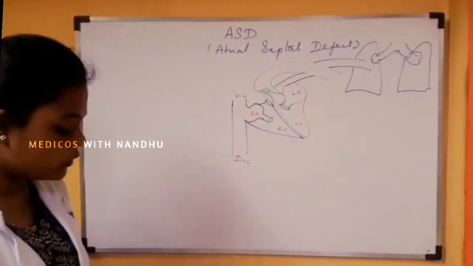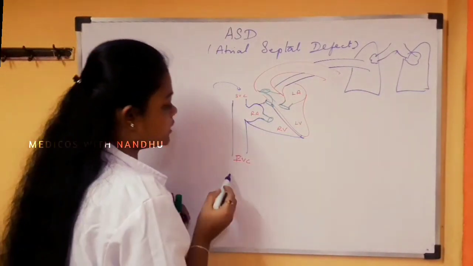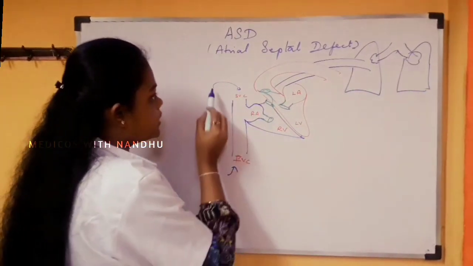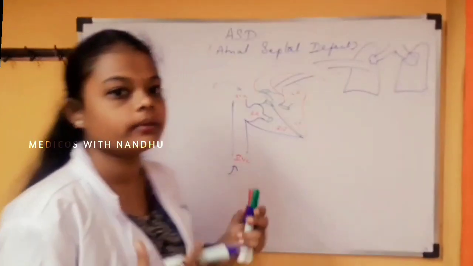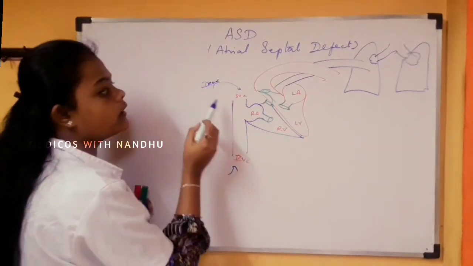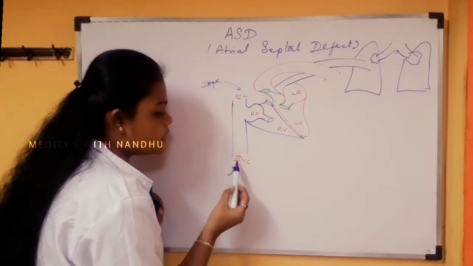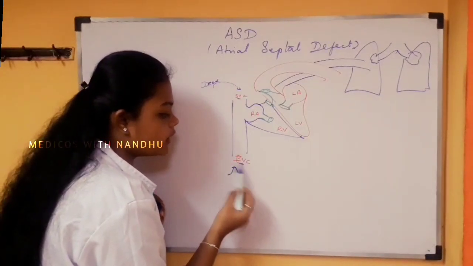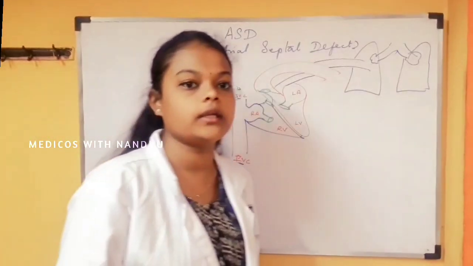The entry of the blood will be from the upper extremities and lower extremities. Upper extremities are like hands, head, neck. From these, the deoxygenated blood is collected in the superior vena cava. The inferior vena cava receives the blood from the lower extremities like legs, feet, hip.